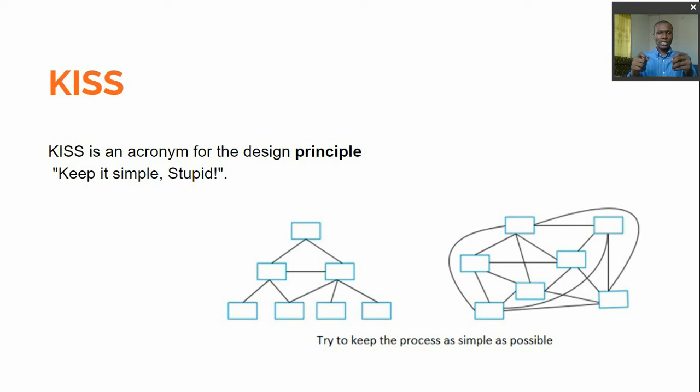The process should be as simple as possible. You can see the tree being illustrated on the diagram on my slide, and the one on the right hand side, how it is nested. The nesting is somewhat ambiguous. It's not clear, it's not distinct.